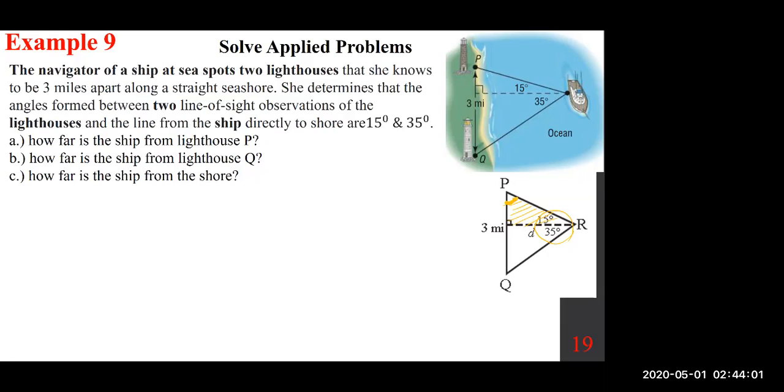The next thing I want you to notice is that if this is 15 degrees, then this angle is 90 minus 15 degrees. Everybody understands what I'm saying here, right?